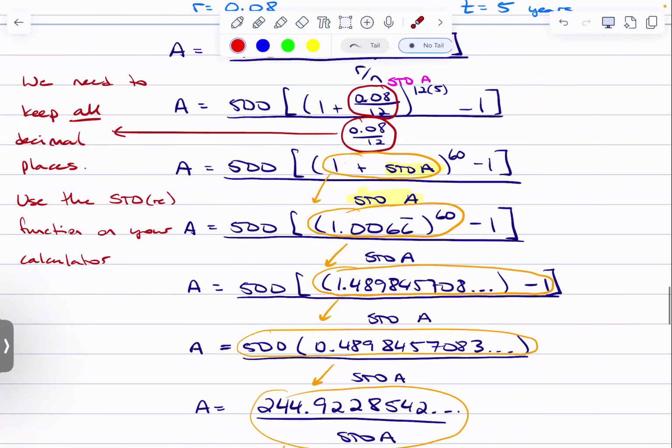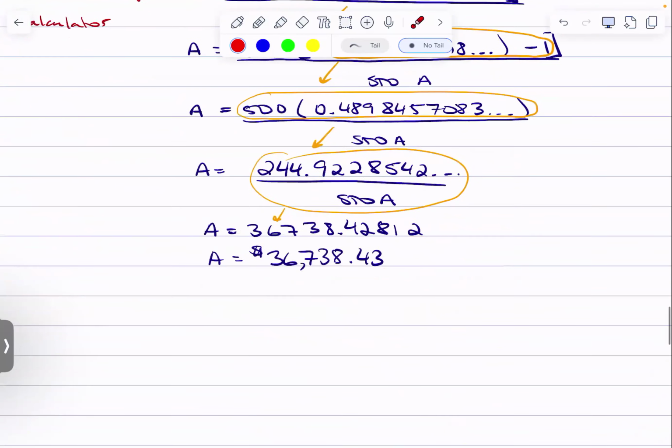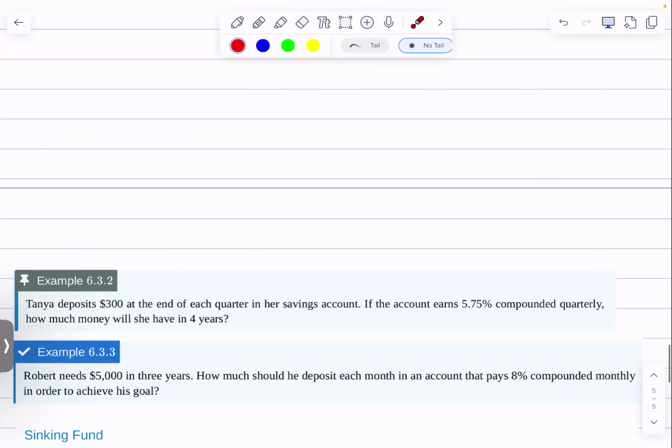If we hadn't kept all the decimal places. You can try it with some other number, right? If you rounded this to 0.0067, for example, and see what you get. But the dollar amount that it should be is this one here. It'll be different if you round.